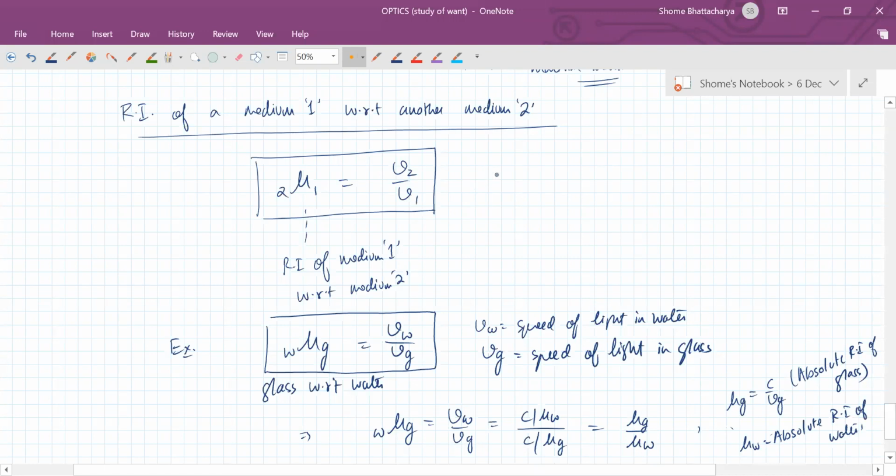So this formula mu of 1 with respect to 2 also becomes absolute refractive index of medium 1 divided by absolute refractive index of medium 2.